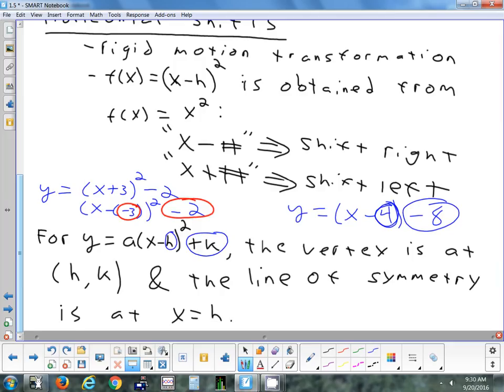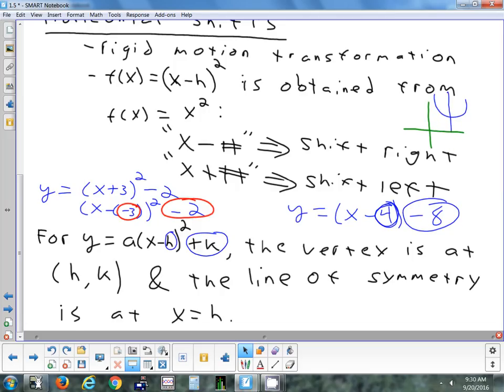All right, so not only does the vertex move, but the line of symmetry moves as well. Here's your parabola. Here's your line of symmetry. And let's say these are your axes. When I shift this parabola, the line of symmetry goes with it, whether I shift left or I shift right. How about if I take a parabola and I shift up or down?